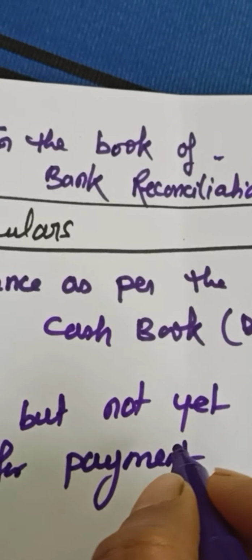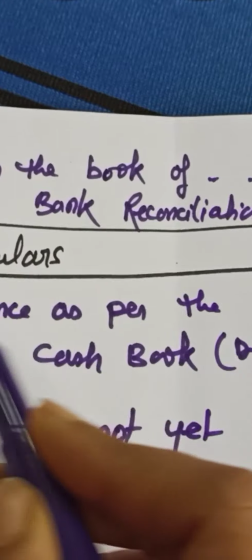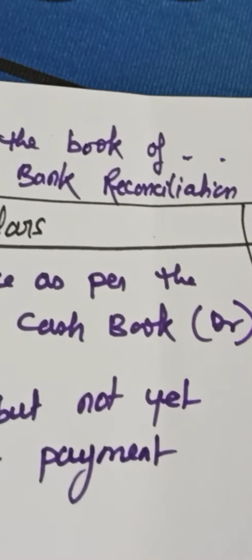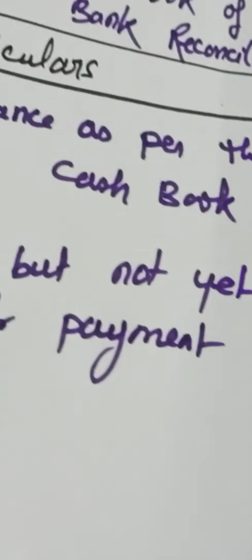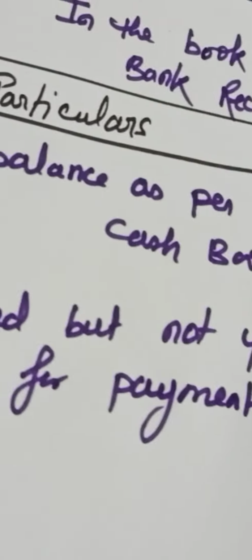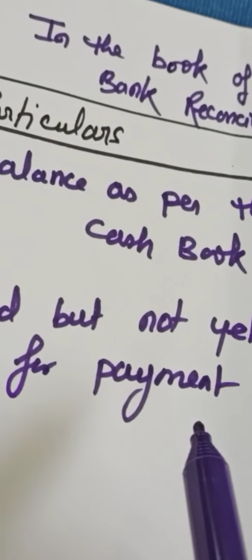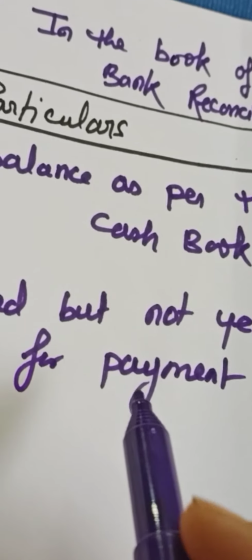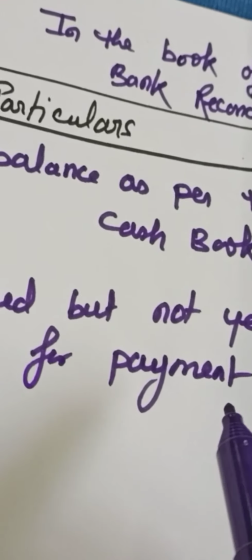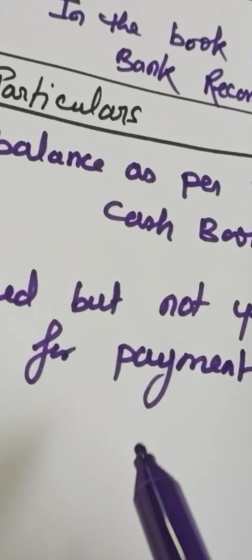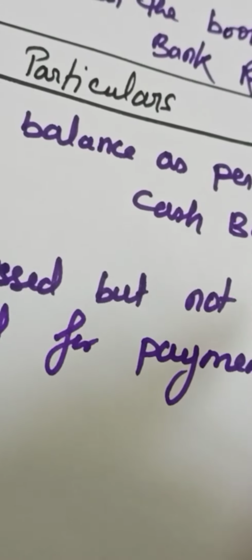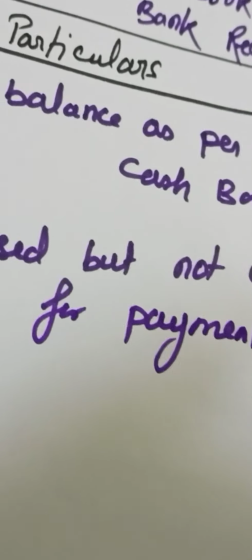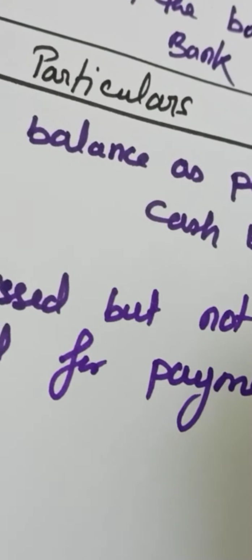When a check is issued, see, bank balance as per cash book is a debit balance, so you have to keep your total concentration on the passbook. If the passbook increases, you have to add it, and if the passbook is decreasing, you have to deduct. Check issued but not yet presented for payment. Obviously, when a check is issued but not presented in the bank, it means the bank balance increases, so you have to put it in the add column.